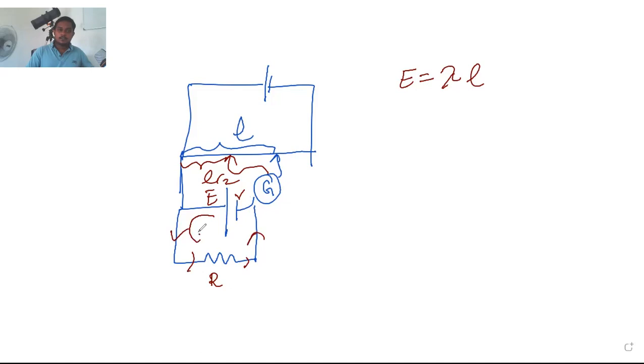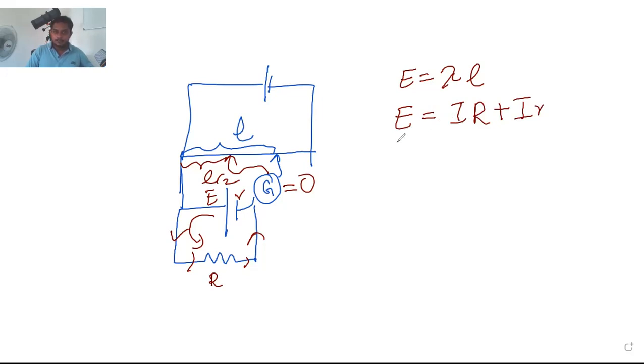We know that the current is going through this circuit. It is not going here. It is always 0. But the current is going through this circuit, which gives us V. I'll write in this manner. The EMF is giving us IR plus IR. So the IR value is equal to half of that.